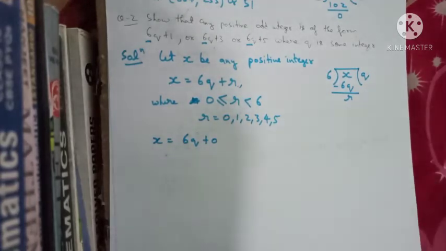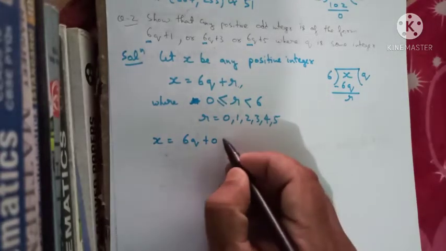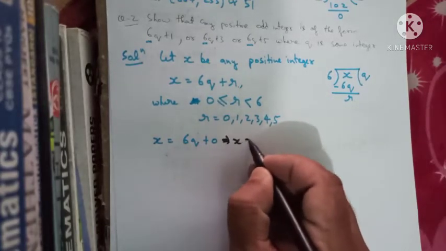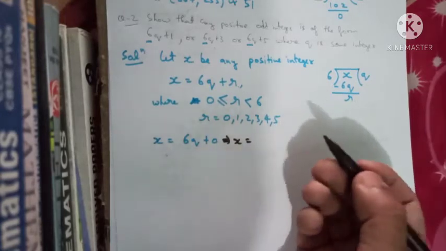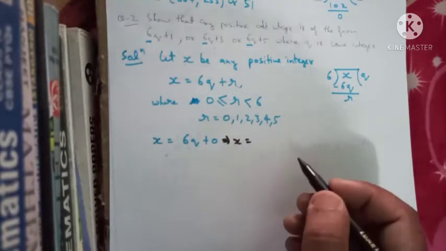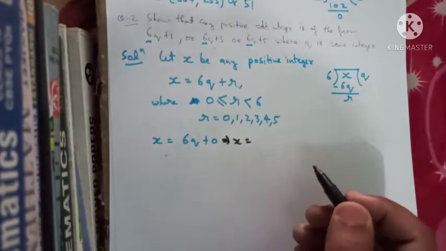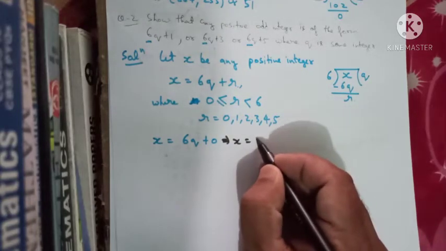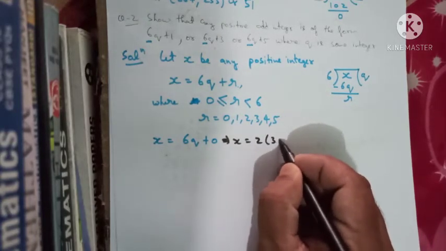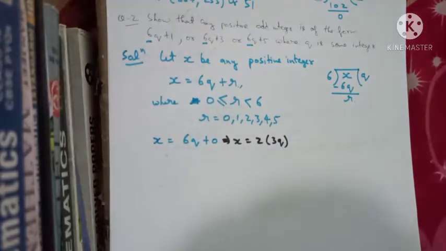And if x is equal to 6q plus 0, we can write it as 6q only, and 6q can be further written as 2 times 3q.